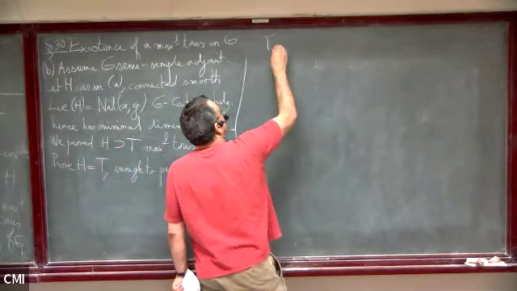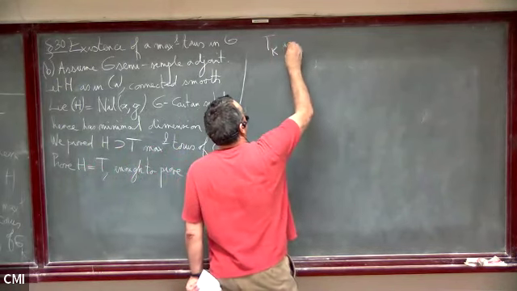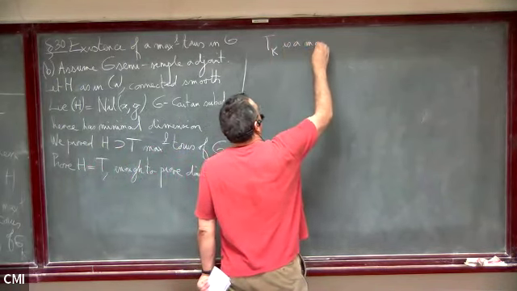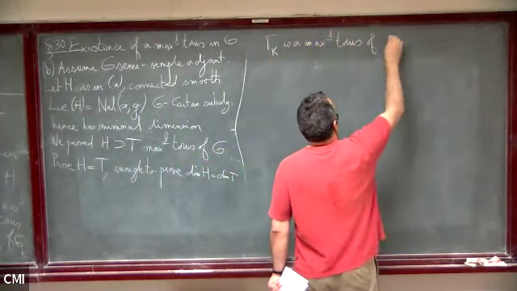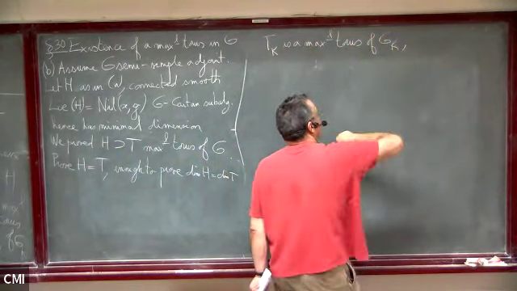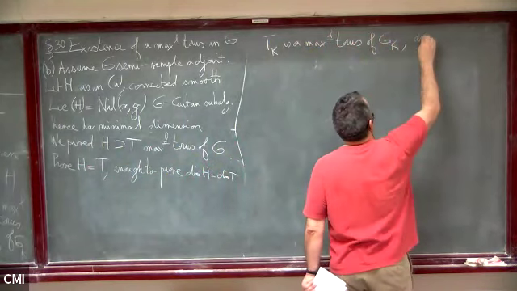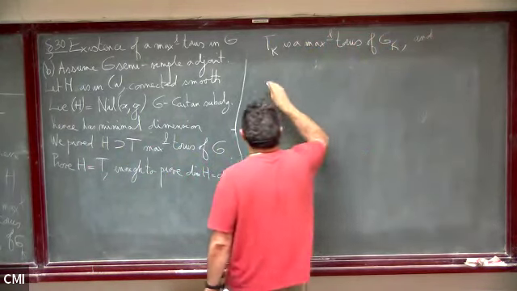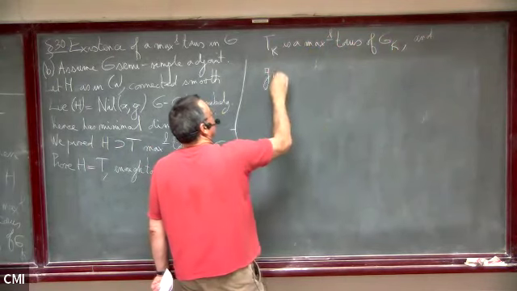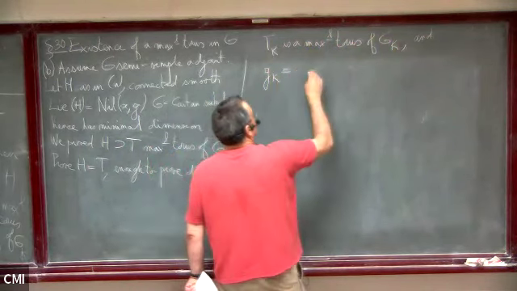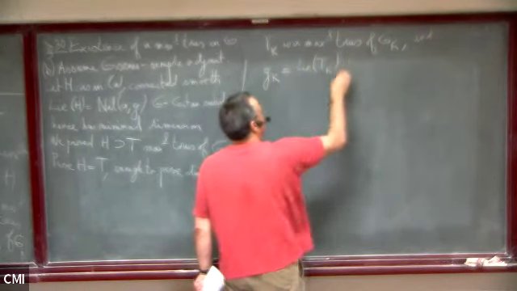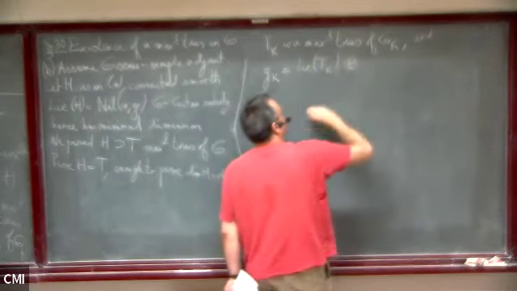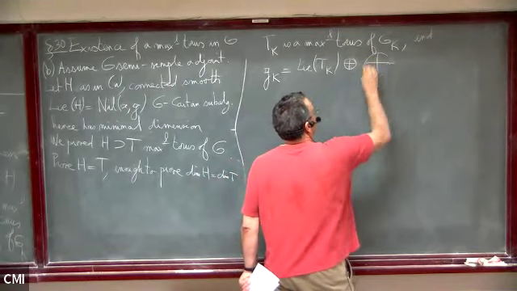But now TK is a maximal torus of GK. And we have the usual decomposition. So this is Lie of TK plus the sum.